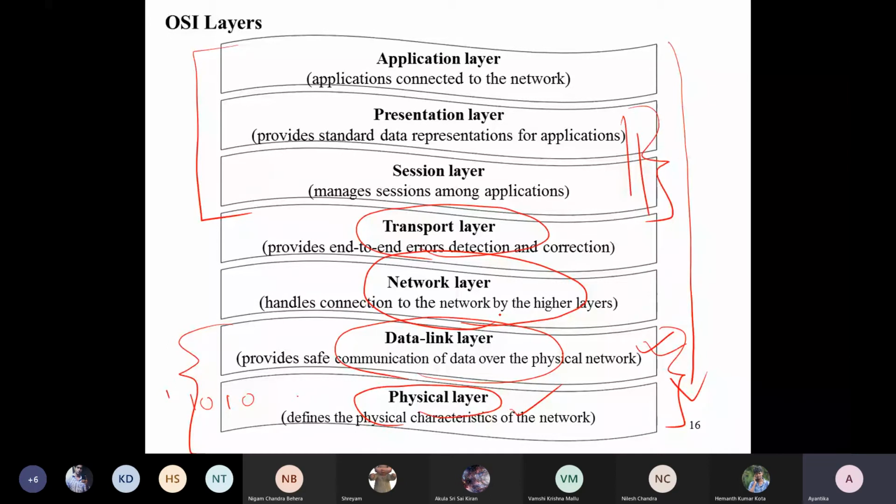So whenever we talk about communication in general, the OSI concept, or the TCP/IP concept, at least the OSI layers, should be clear in your mind.